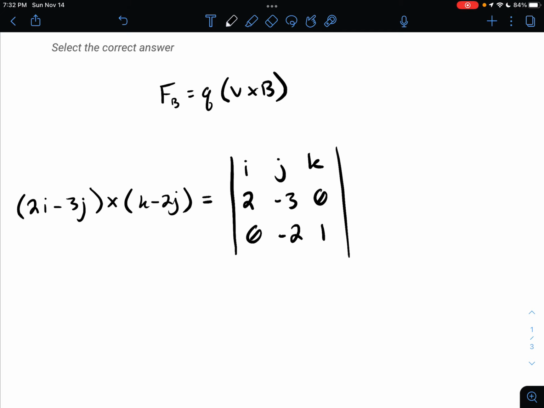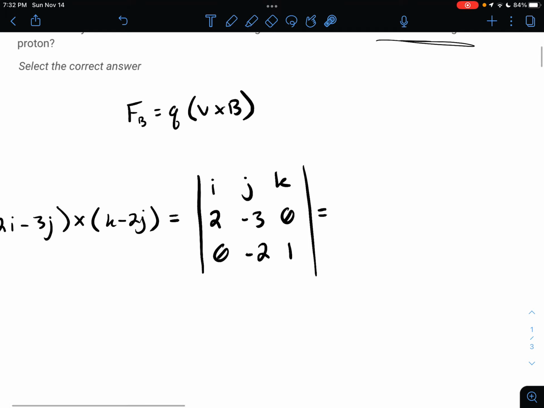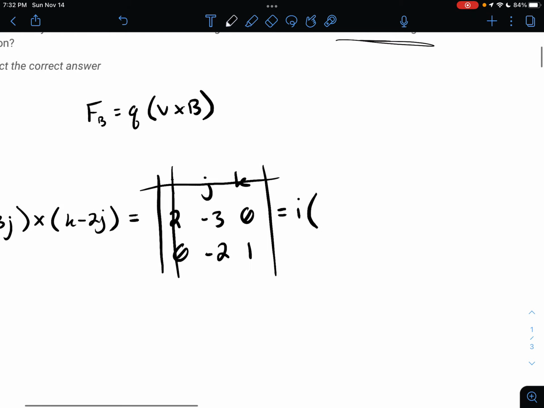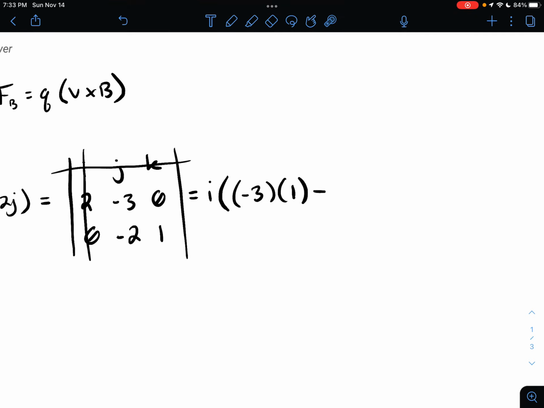-2j, and 1k, right? So now all we do is take our first term, I, and cross out the corresponding row and column, and then we do -3 times 1, top left times bottom right, minus top right times bottom left, which is just going to be 0, right?